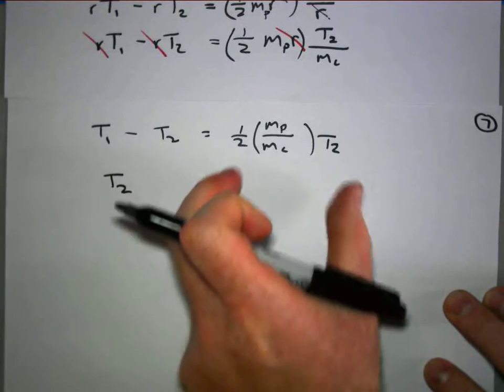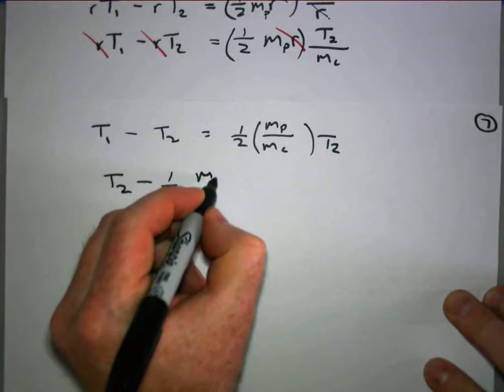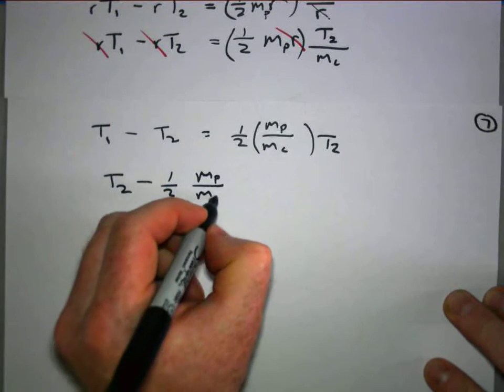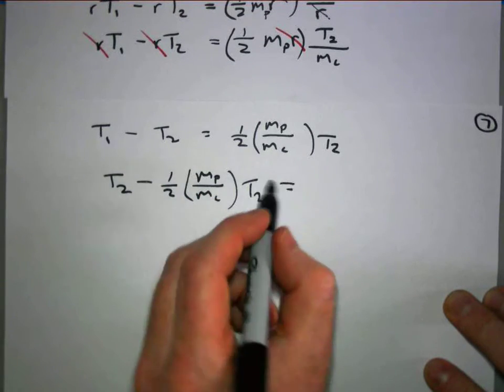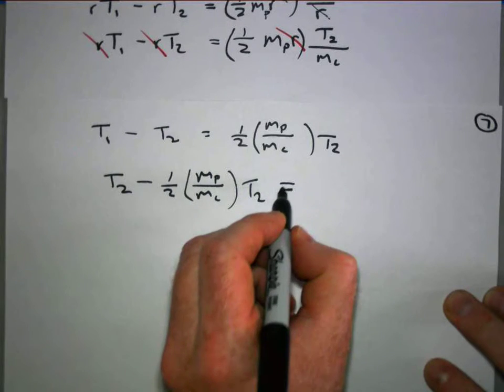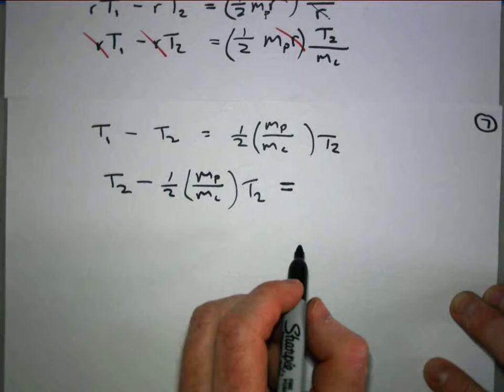What I'm going to do is bring this whole term to the other side, because I can then factor out a T2 from both of those terms. This is going to equal, let's see.